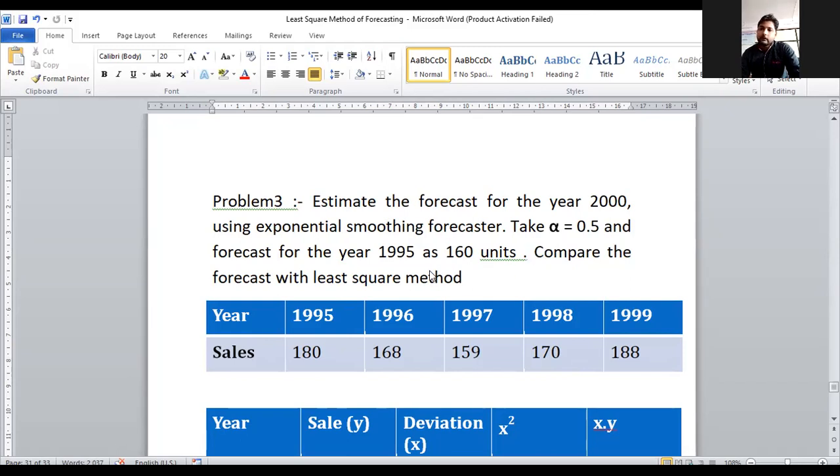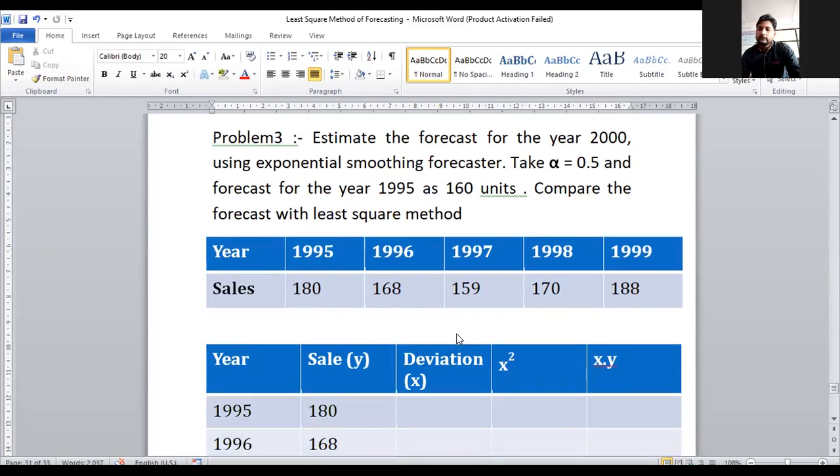For forecasting by the exponential smoothing method we require both the actual demand and the forecasted demand. So for the year 1995, the forecasted demand is provided to you as given data, that is nothing but 160 units.